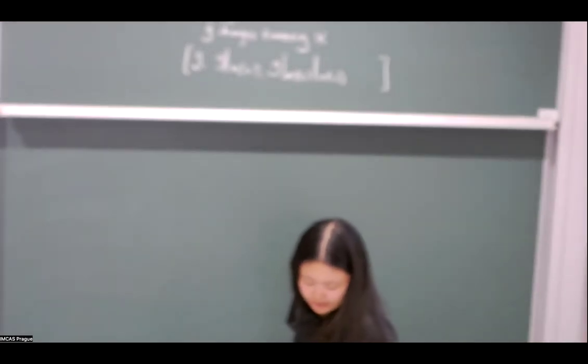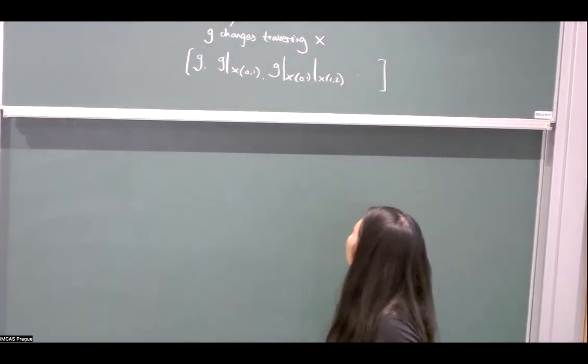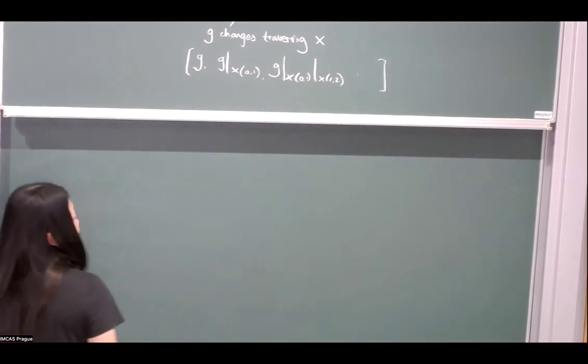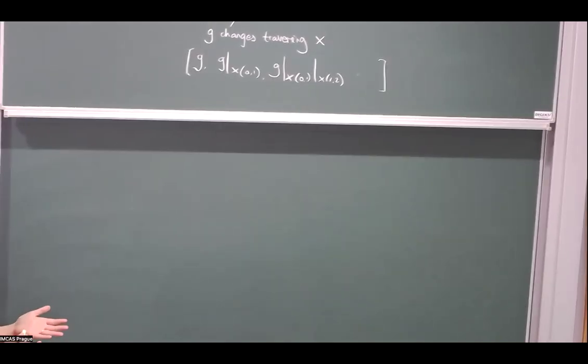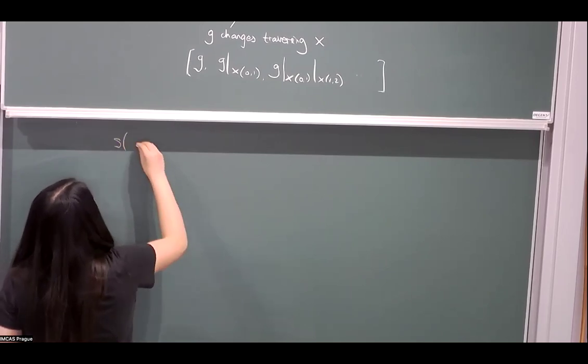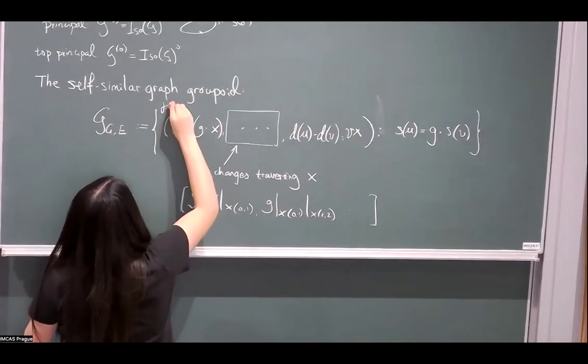And let me just briefly say how the source map, range map, and the multiplication for this groupoid are defined, just to give you some intuition that this groupoid is probably not that far away from the path groupoid that you're probably more familiar with. Let me call this groupoid element gamma.